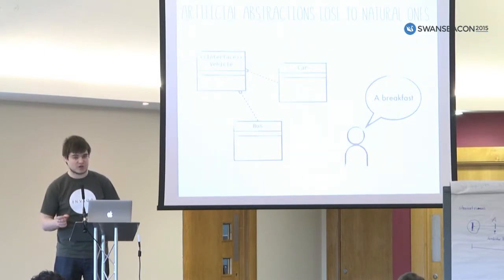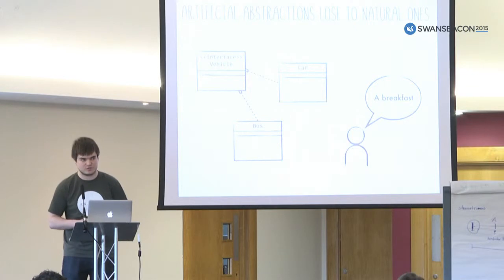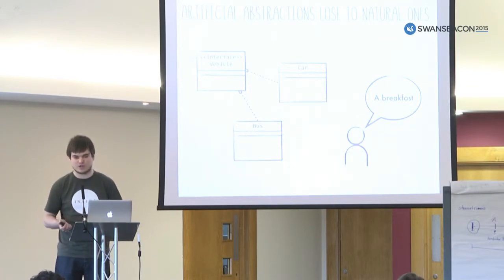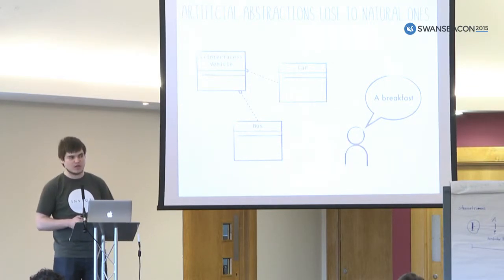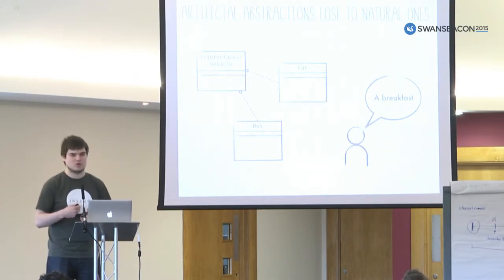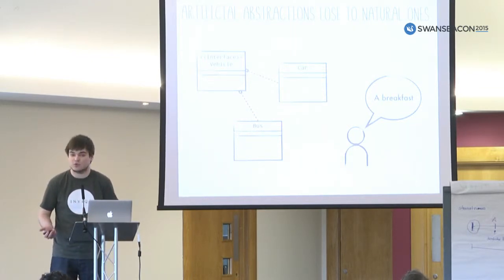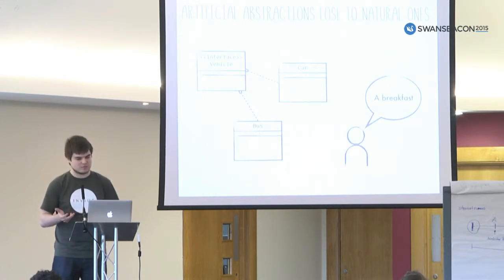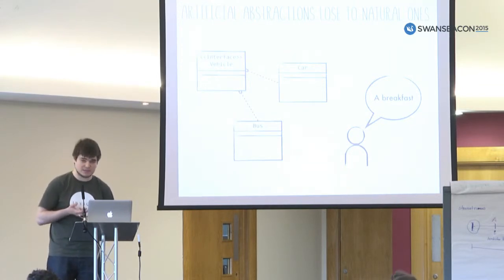Now there is another kind of abstraction, and it's an abstraction that human beings have been using for thousands of years. It's a natural abstraction. It's when we need to describe a complex concept that takes a lot of words, a lot of sentences to describe, and we need to do this on an ongoing basis, we find an abstraction for it. A good example: if you ask me what I have eaten this morning, I might, for starters, explain, yes, I had eggs, and I had sausages, and I had beans, right?